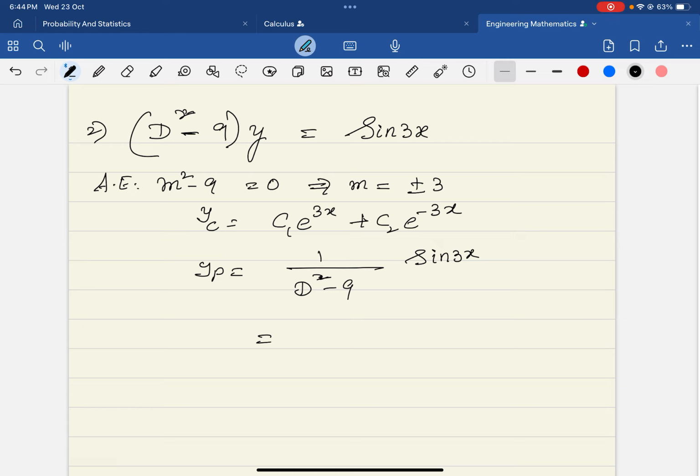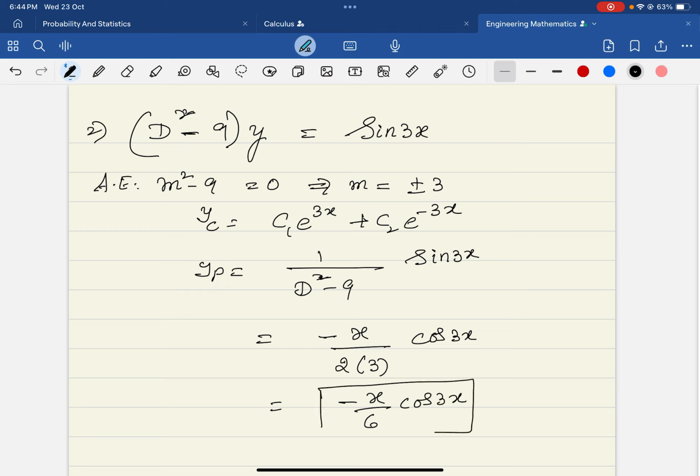That means, since it is sine, it is minus x by 2a, where a is 3, times cosine 3x. So that is given by minus x by 6 cosine 3x. This is the answer.